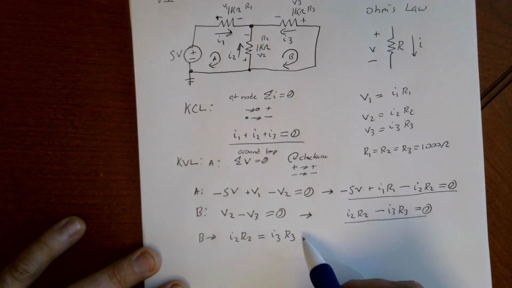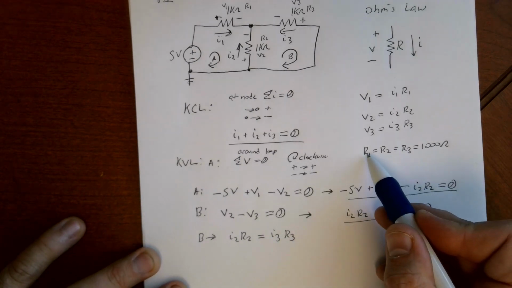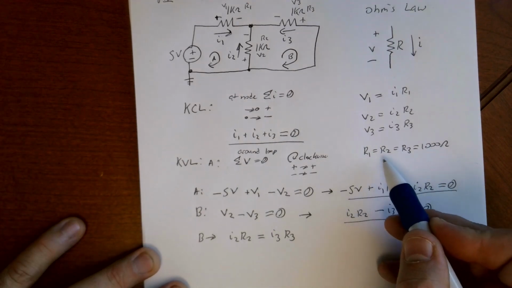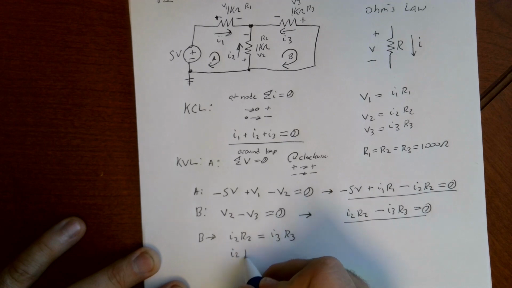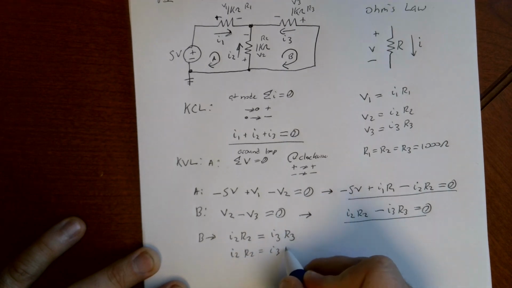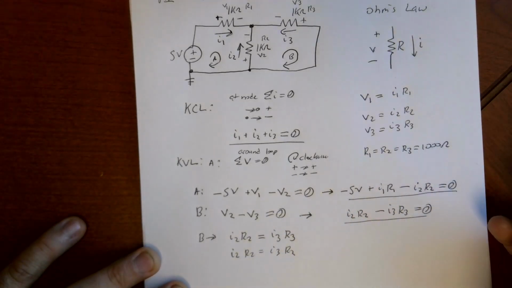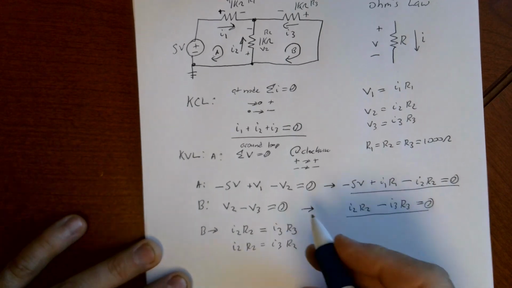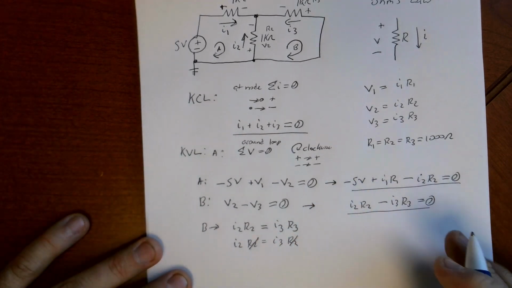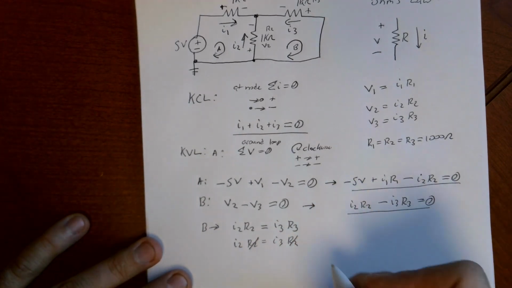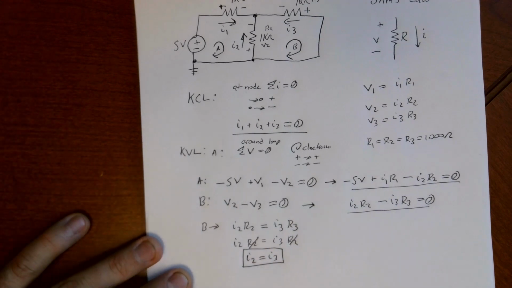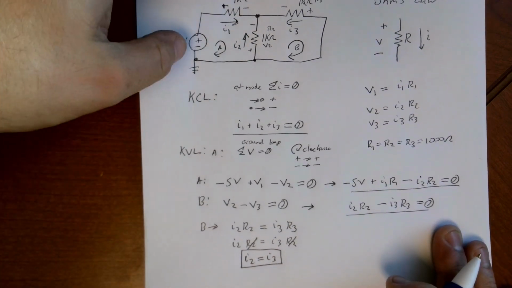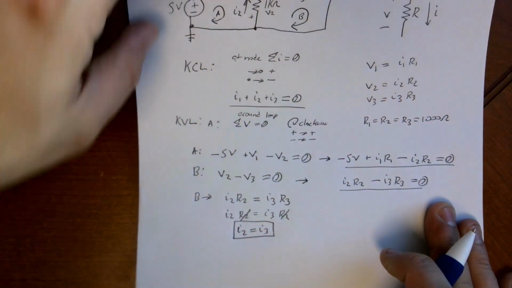And since we know up here that R2 and R3 are equal, I could say that I2R2 is equal to I3R2, or I could put the numbers in, 1,000, and I get this relationship. Because of that, these R2s actually cancel. So I get this relationship that I2 is equal to I3. Hopefully you're following along so far.